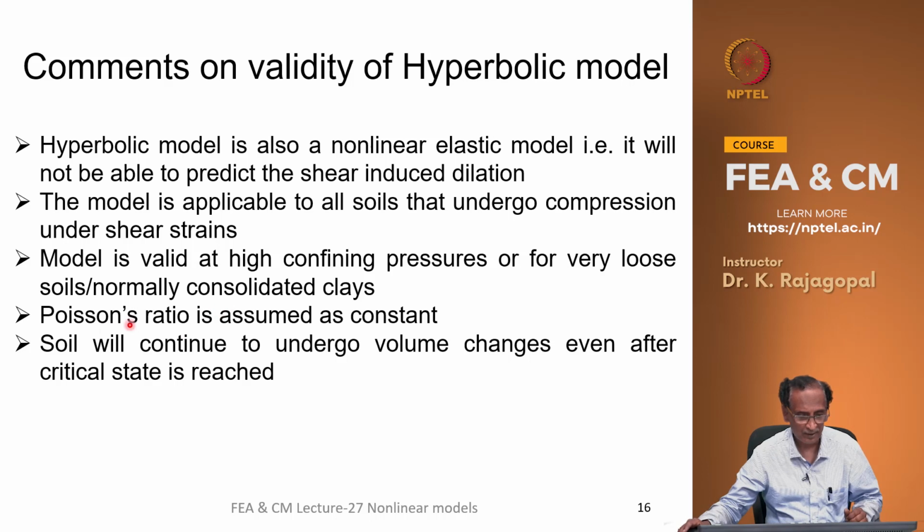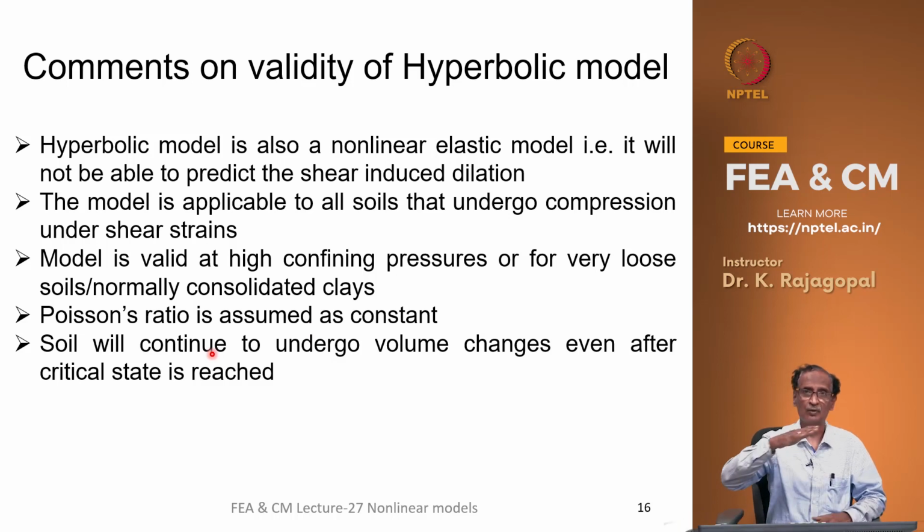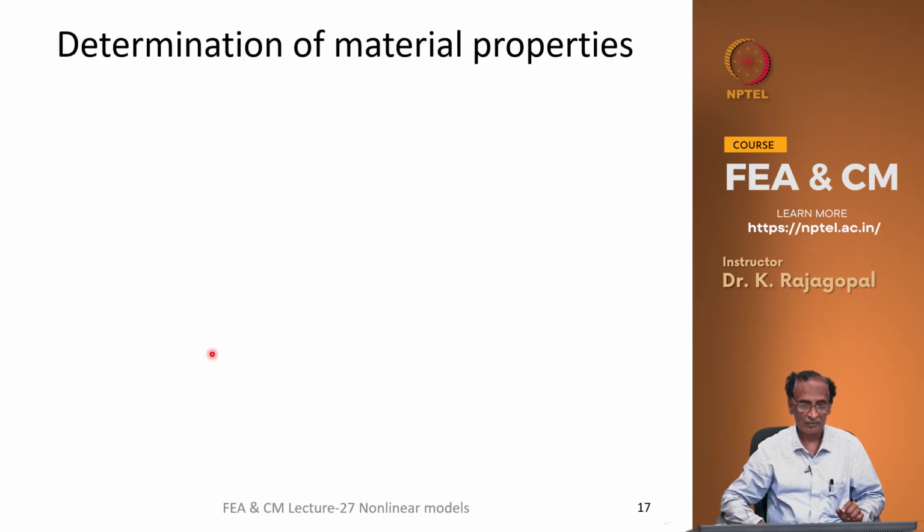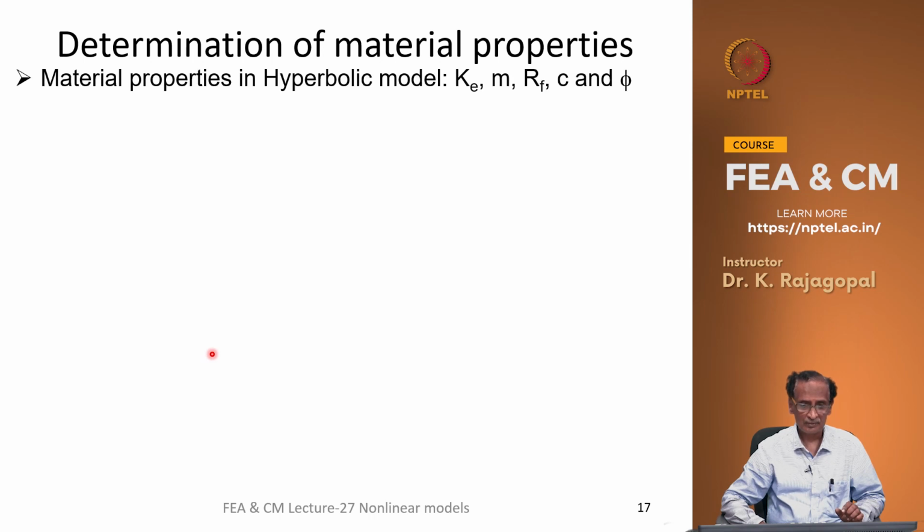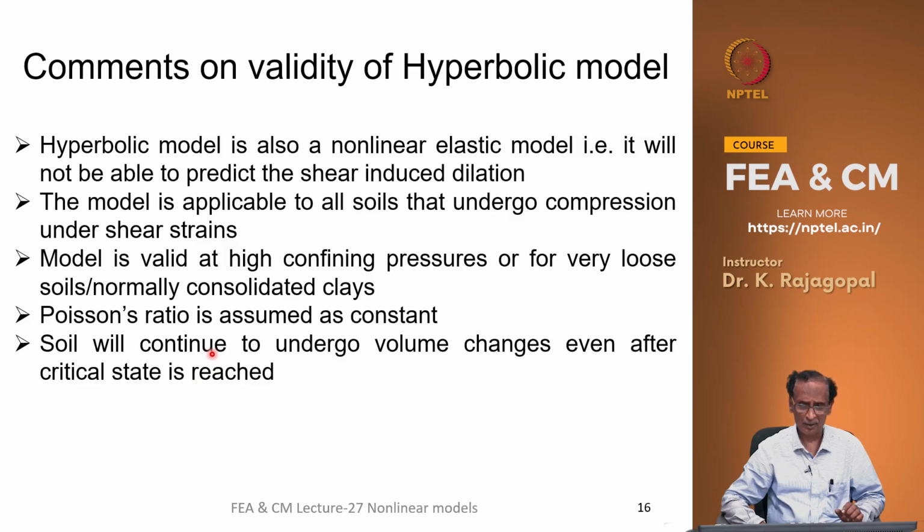Because the Poisson's ratio remains constant, the soil will undergo volumetric compression even after the limit state. If you increase the strain, the soil will only undergo volumetric compression. And the determination of material properties, I think that we will see later.